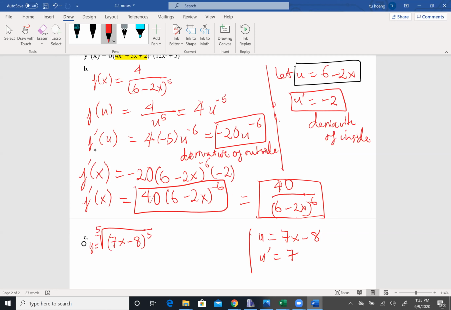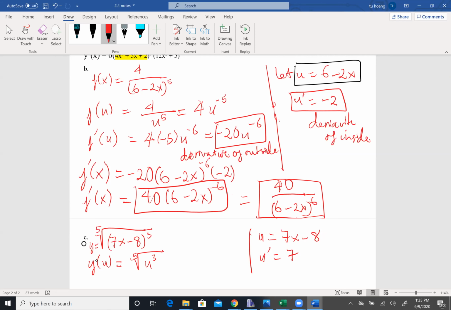Coming back to the y here, I could change it to be y as a function of u, which could be written as the fifth root of u to the power third.